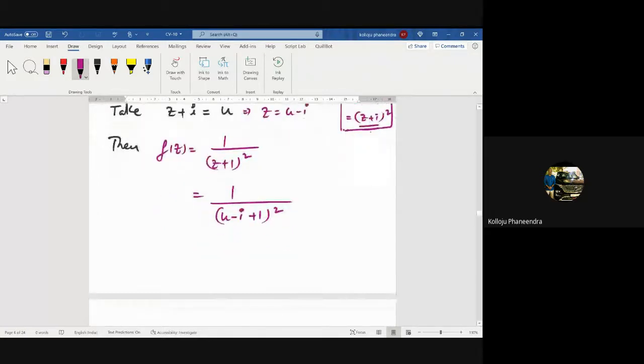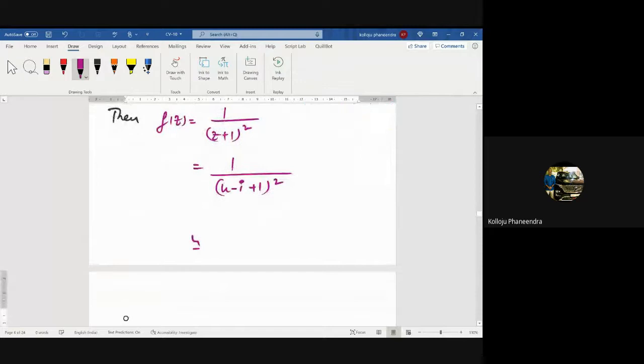You can write this equal to, you try like this. See, 1 by, I will write like this, 1 plus u minus i. Can I write? But no. I need binomial expansion. For that, what do I have to take common? What is a constant?